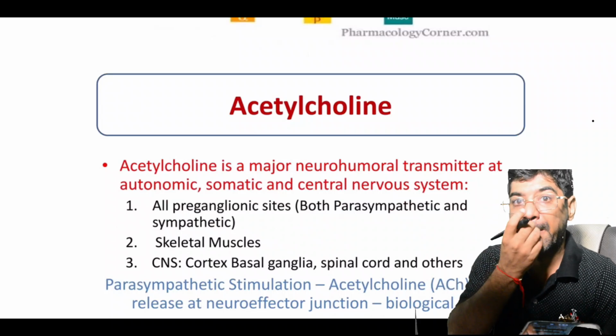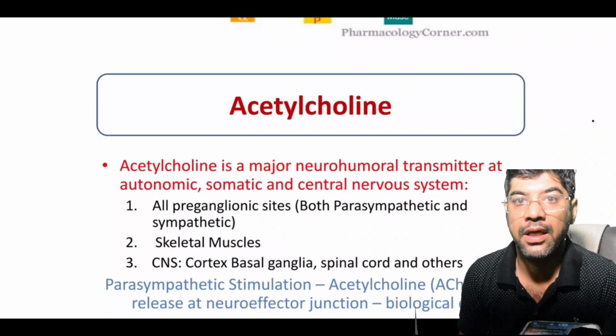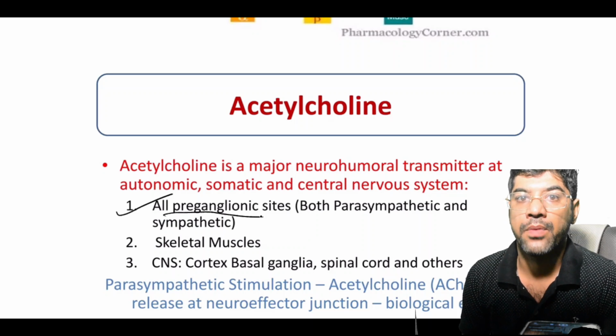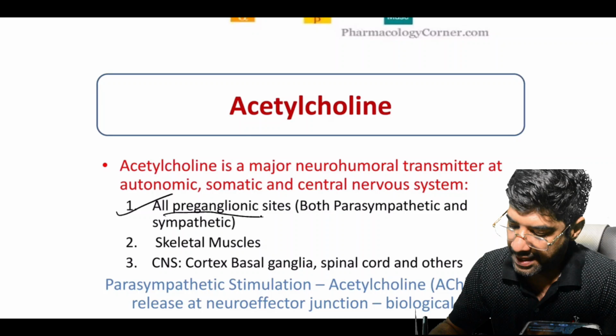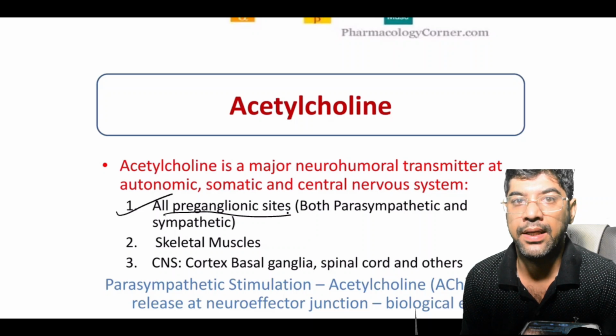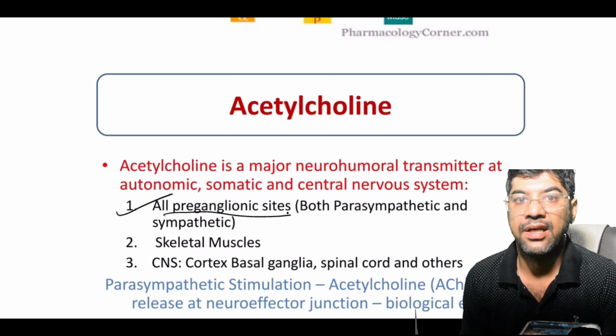Now acetylcholine, we know, is a key neurohumoral transmitter in the autonomic, somatic, and central nervous system. It plays an important role in neurotransmission at several sites. Both the parasympathetic and sympathetic nervous systems use acetylcholine as neurotransmitter at preganglionic synapses.